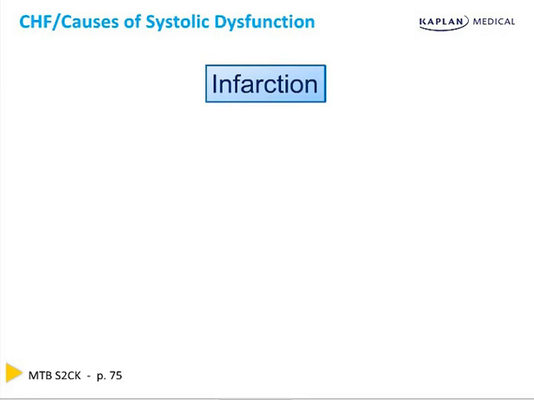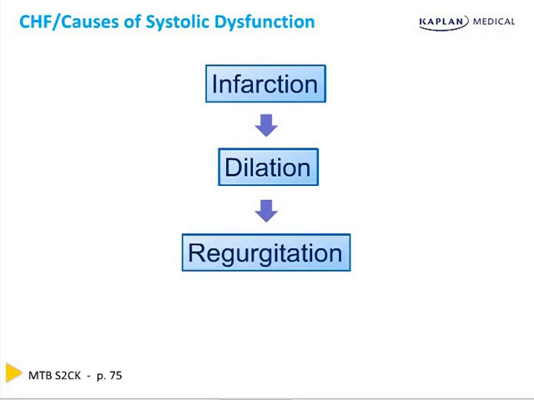When you infarct and the tissue dies, it dilates. And as you dilate, automatically the lesions start to separate the valve leaflets and you must regurgitate. Infarction makes you dilate. Dilate makes you regurgitate.